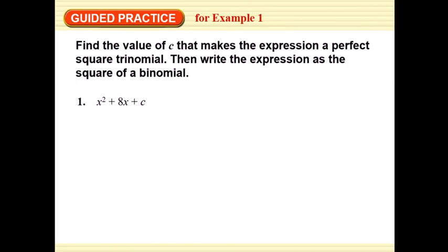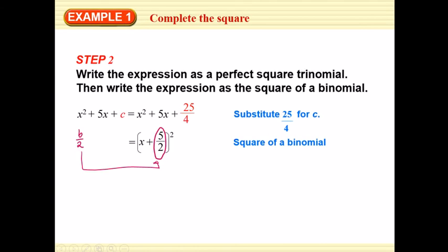So there's a couple of guided practice problems. Before we get to the guided practice, I do want you to think about a way to double check this. A way to double check it is to take that binomial squared and expand it: x plus 5 halves times x plus 5 halves.